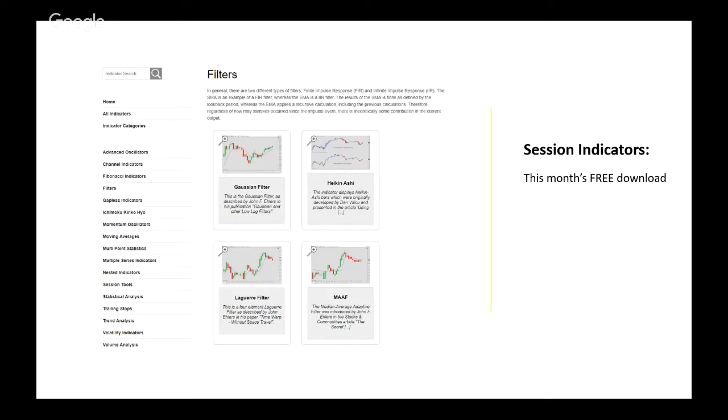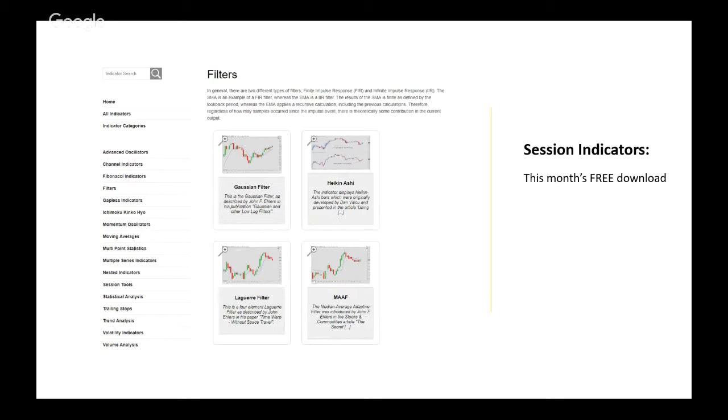Okay, so this is where you will find the Heikin Ashi indicator in the filters section of our library. You see there's a lot of different categories here of indicators. All in all, the Heikin Ashi is a nice way to determine trends and long-short bias.